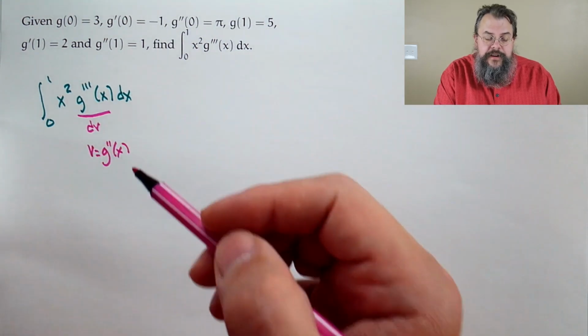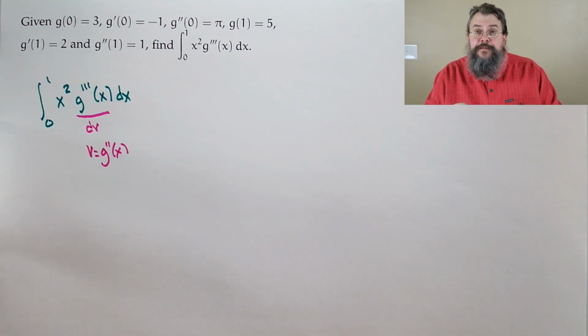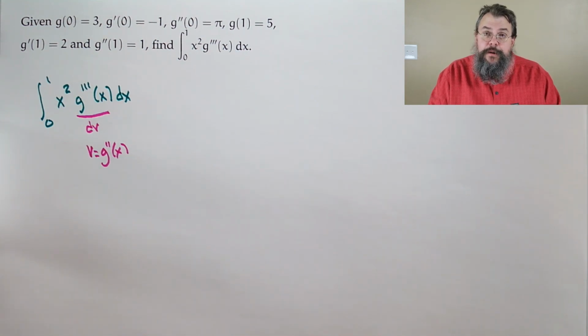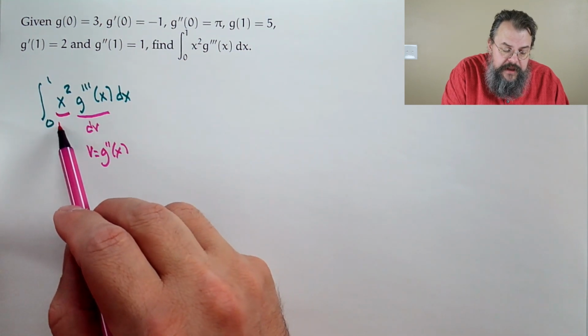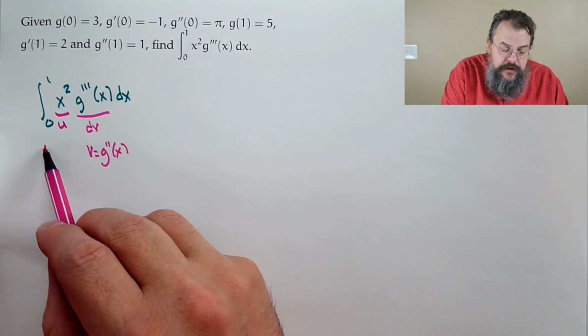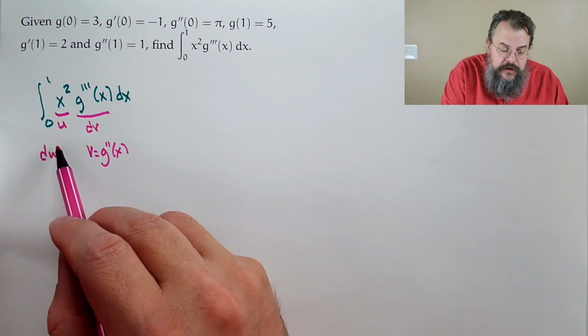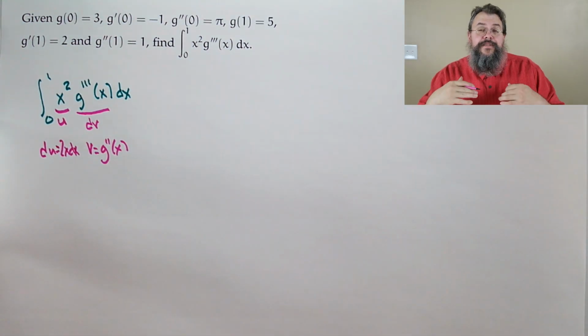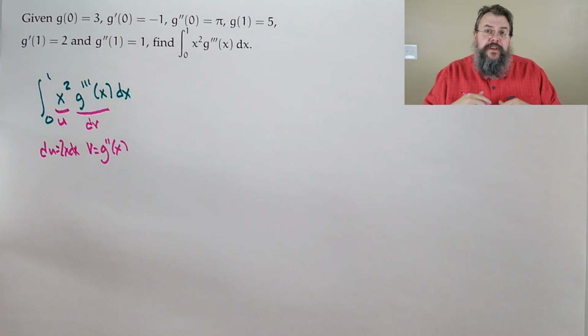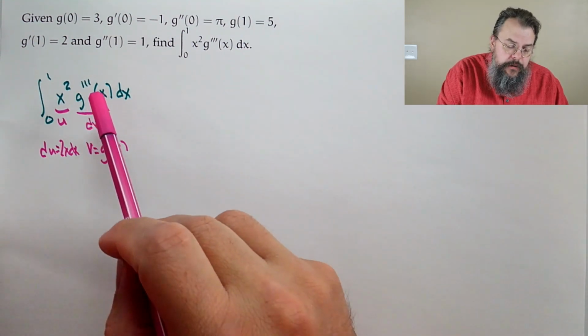So that's our dv, g triple prime, v becomes g double prime. On the other hand, if we think of the x squared, if we make that u, then du is 2x dx. It actually simplifies.